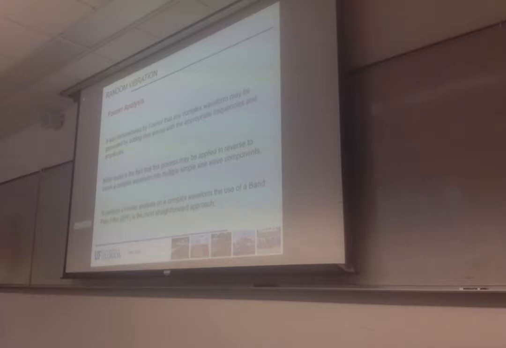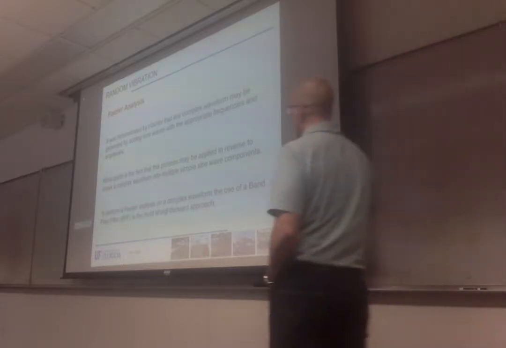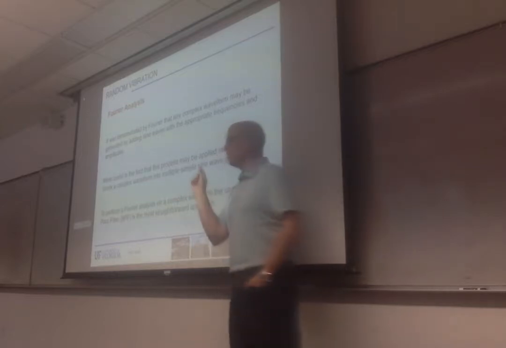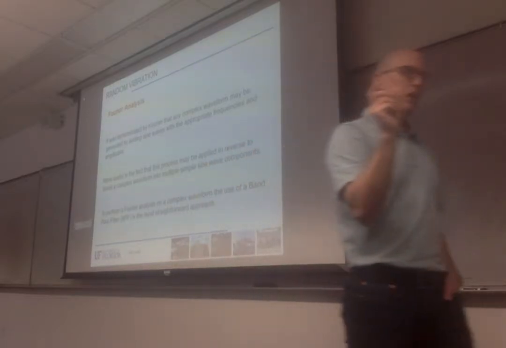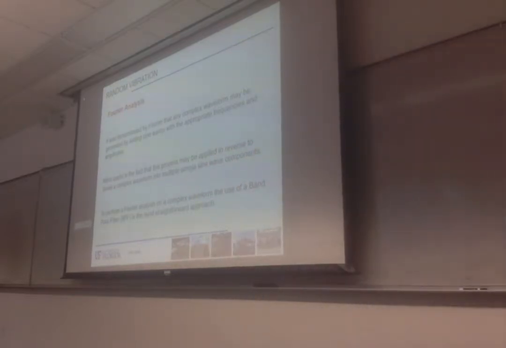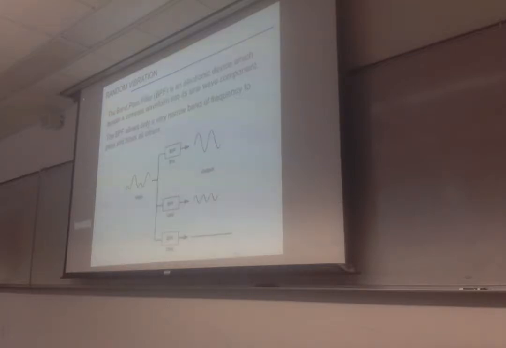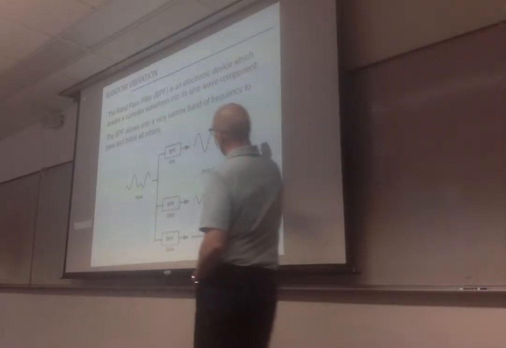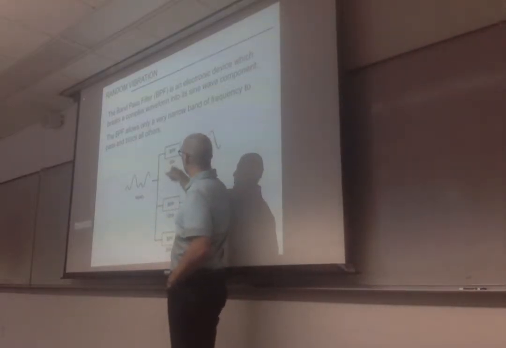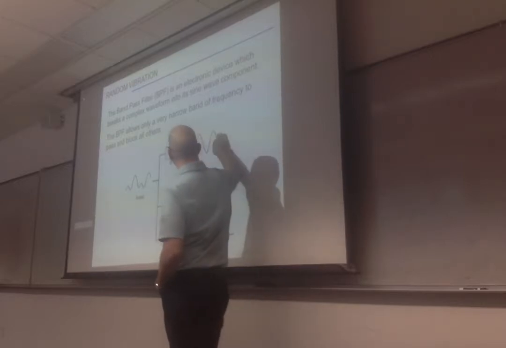How do you do that? You use what's called a bandpass filter. That's basically going to look at some very narrow frequency band. Usually we go 1 hertz at a time, and you go through the whole signal and break it down into its components. So you have a complex signal, and you use a bandpass filter, and you go through these different frequencies, and you can find something at 5 hertz is going to be looking like this.